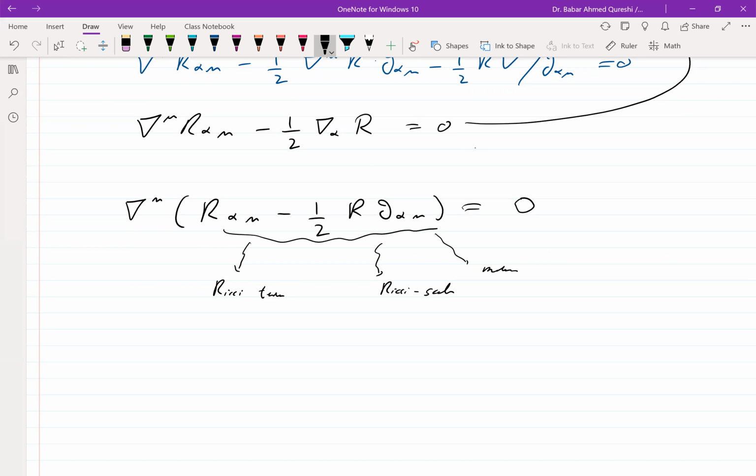This combination is called the Einstein tensor, given a name G mu nu, but many times people don't write it like G mu nu. Just write that combination.